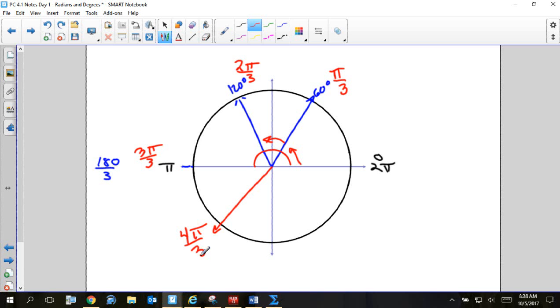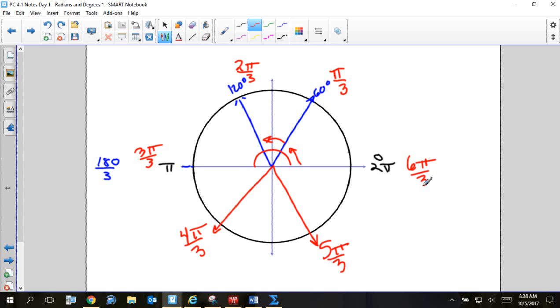No, because we're counting by 60s and there's only like 30 left there. So it's going to be 30 past it. That one's going to be the 5 pi over 3. And the last one will be 6 pi over 3, which has to equal 2 pi when I reduce it.